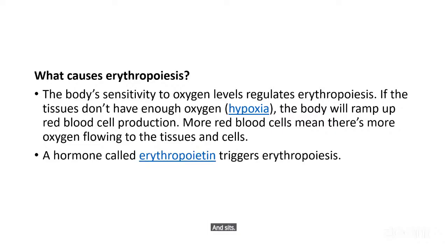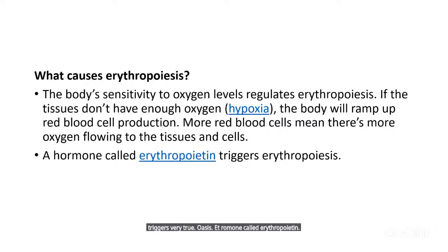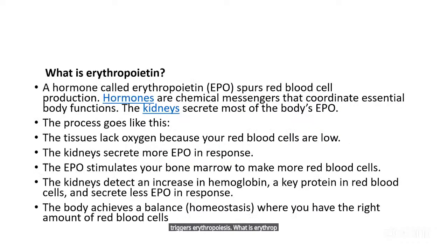A hormone called erythropoietin triggers erythropoiesis. What is erythropoietin? We call it EPO. Erythropoietin, EPO, spurs red blood cell production.